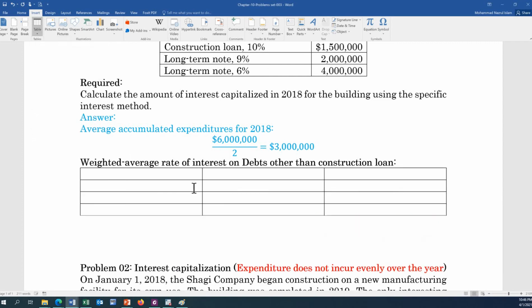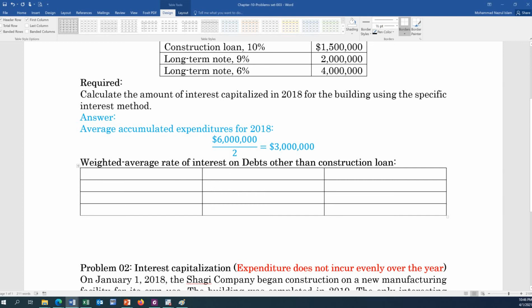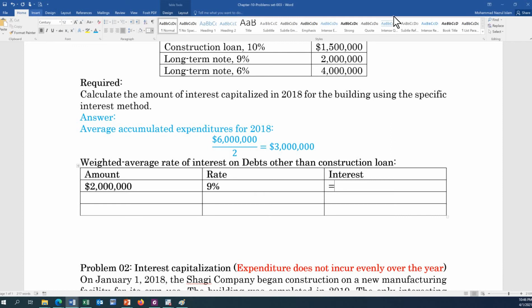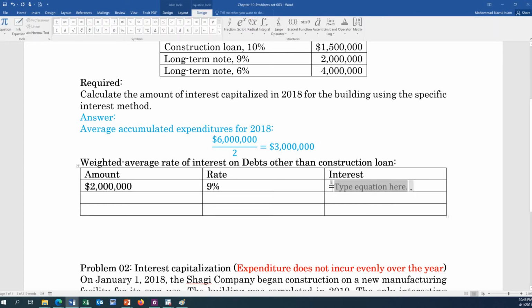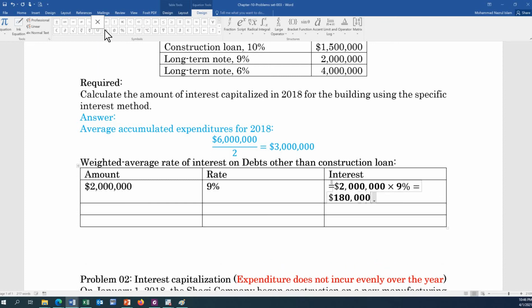So the amount, then rate, and interest. It's going to be 2 million at 9%, and the total interest would be equal to 2 million multiplied by 9%, which is 180,000.